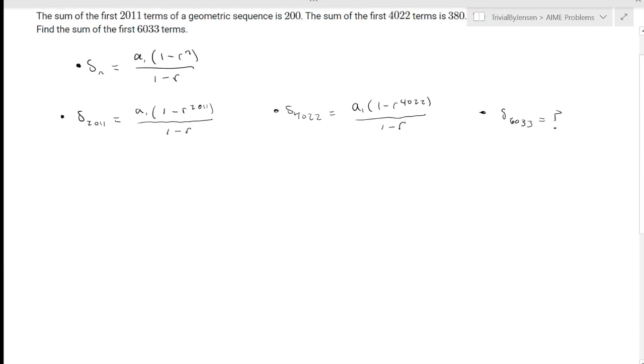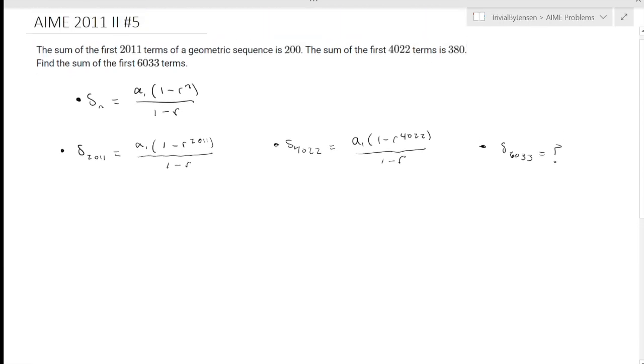Okay, so let's use the information that we have to try to solve for either a1 or maybe r. It turns out solving for r is probably going to be our best bet. We have that S of 2011 is equal to 200 and S of 4022 is 380. So we can use this to solve for r to the 2011.